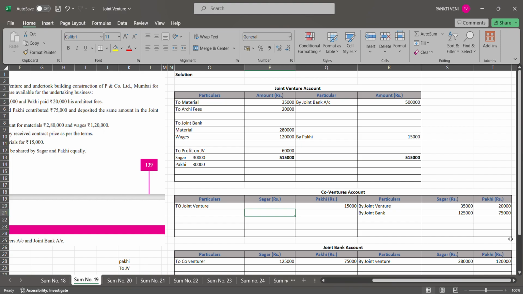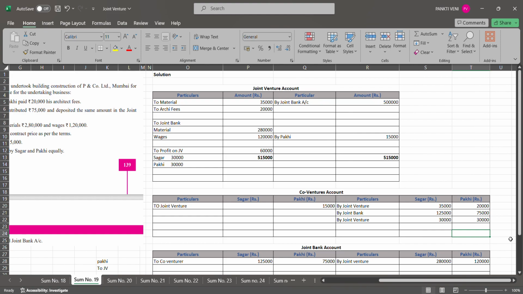Then we have the co-venturer account. We have this profit also coming here, so joint venture is 30,000 and here we have 30,000. We have 1,90,000, we have 1,25,000 minus 15,000, so 1,10,000. Here we have 1,90,000.